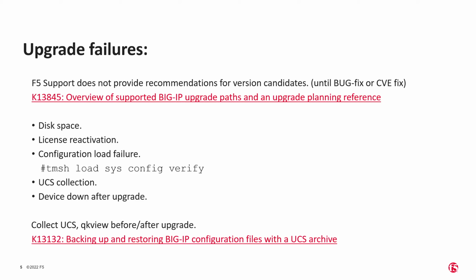Another thing is configuration load failure. Sometimes after upgrade, you see that the configuration doesn't load, doesn't display, or is displayed with some error. There is a command you can run on the CLI, load sys config verify. What it does is try to load the configuration. It's just a verify and will not impact anything.